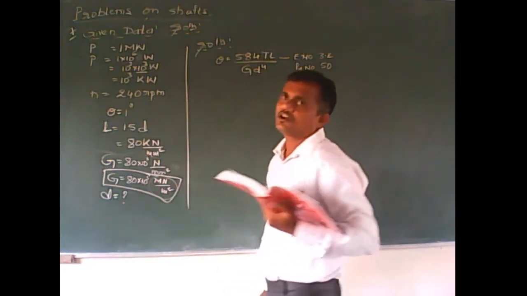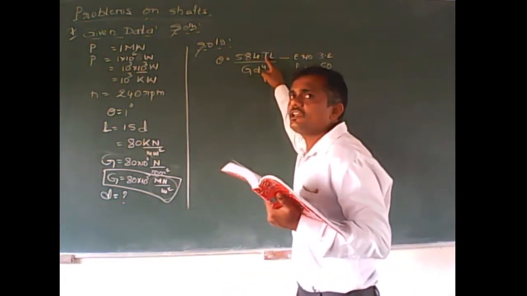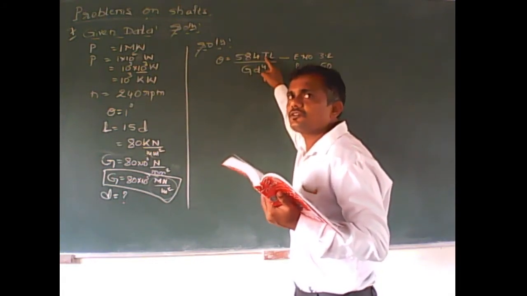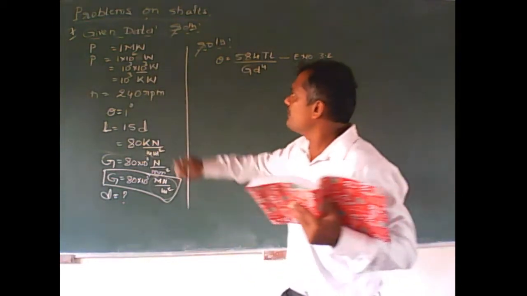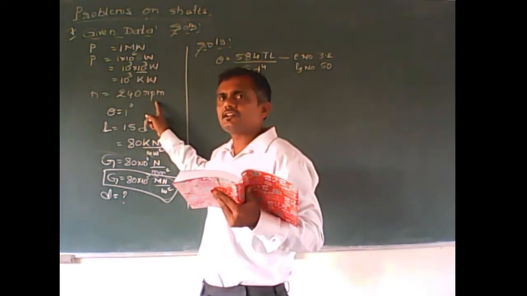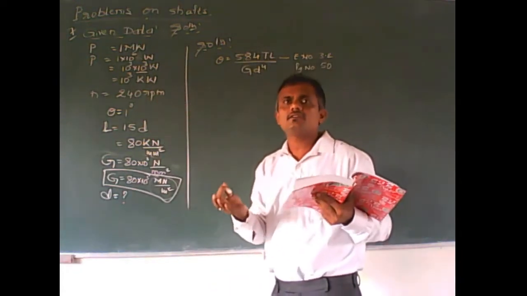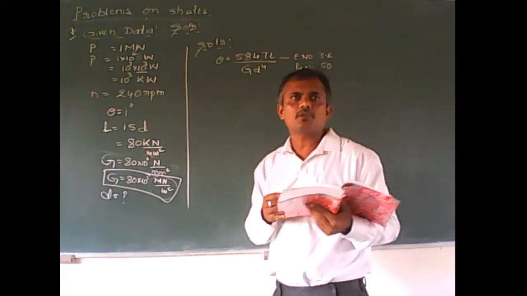Now in this equation, T we have to check. Has it been given directly? No, because power and RPM, speed, are given. With the help of these two we can calculate T, using the same equation as in the previous type 1 problems on shafts.